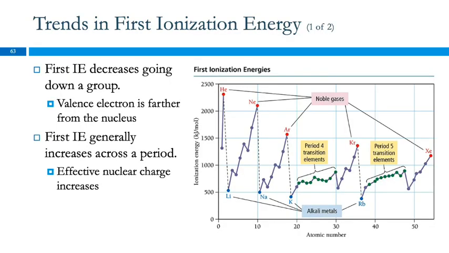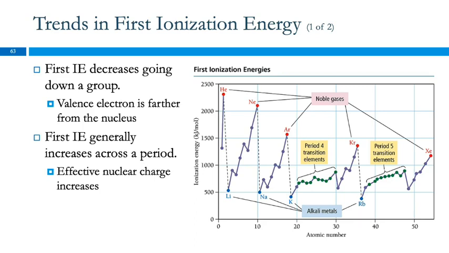There are trends for this, and they are related to the size. So here we have ionization energy in kilojoules per mole. That's how much you'd have to pay for a mole of its electrons versus atomic number. And here we see that for the noble gases, the ionization energy decreases as you go down the group.